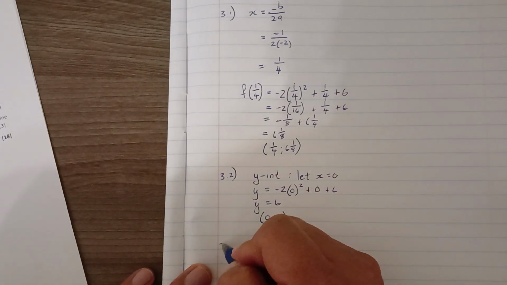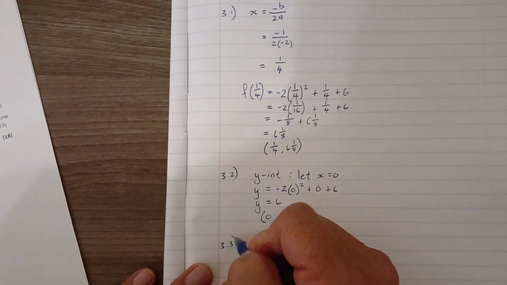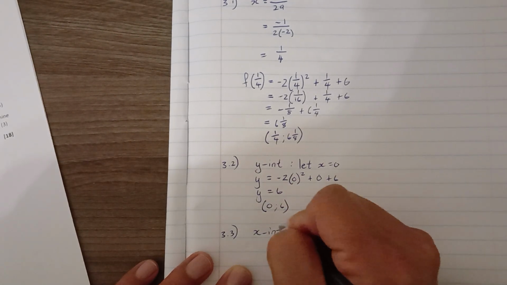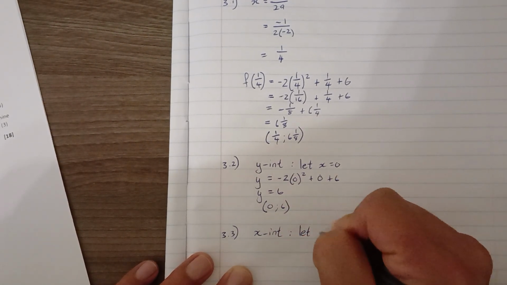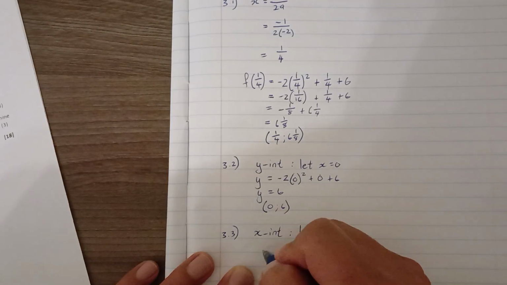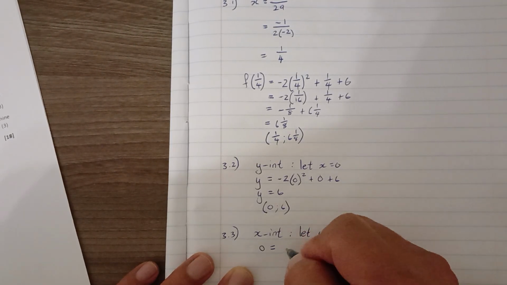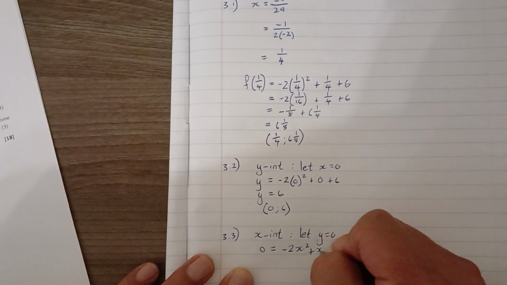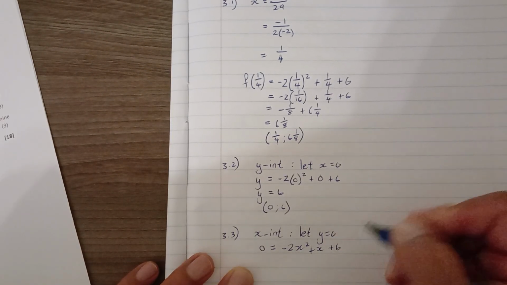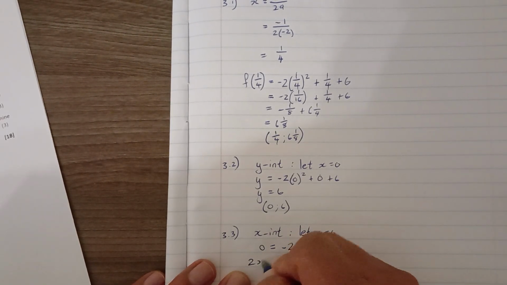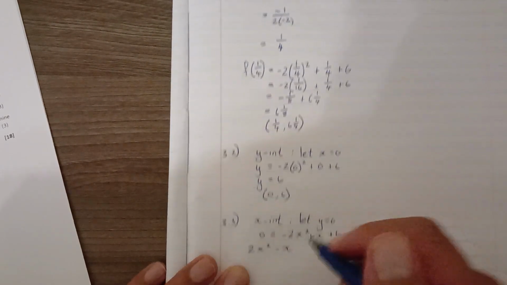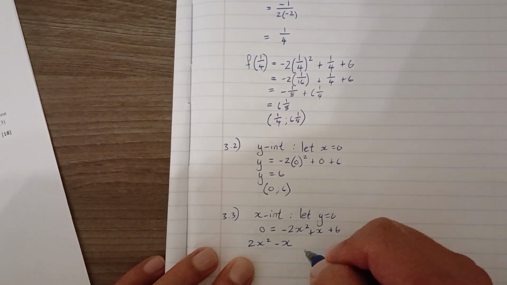Then 3.3, determine the x-intercept. And to determine the x-intercept, we're going to let y equal 0. So y will equal 0, and I've got negative 2x squared plus x plus 6. I can take everything across the equal sign just so that we can make that 2x squared positive.